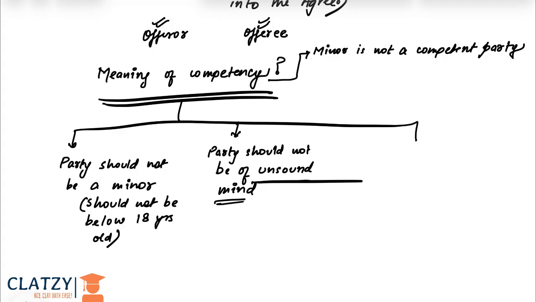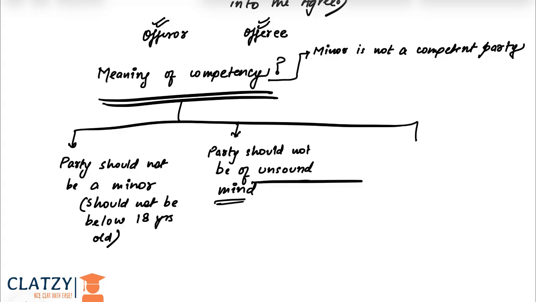We will not go into the details of that today, but just understand that unsoundness, first thing that should come to your mind is somebody has consumed a lot of alcohol such that that person is not able to understand what is happening around him, which means that he is not in his senses. Okay. Second, people who are mentally ill, but not everybody who is mentally ill. Somebody who is mentally ill to such an extent that those people are not able to understand what is happening with them or around them. For example, let's say somebody who is in a mental asylum and that person is not capable of understanding anything.